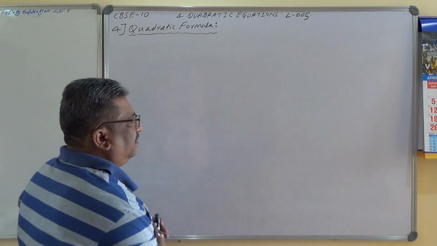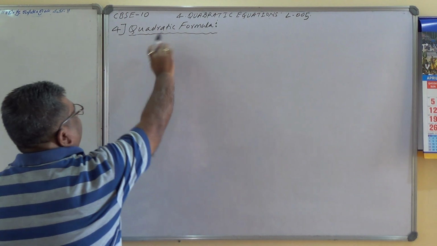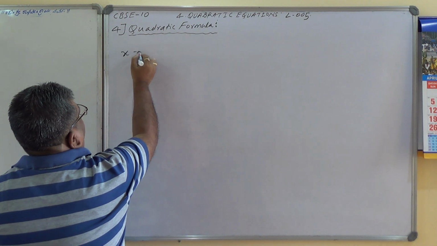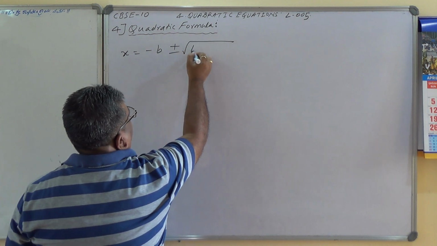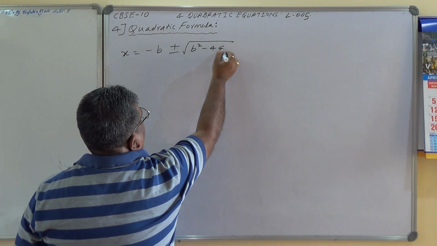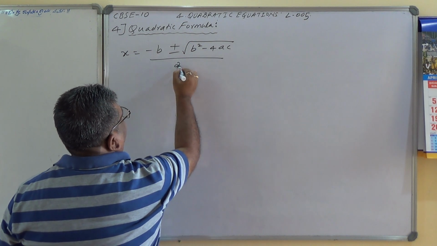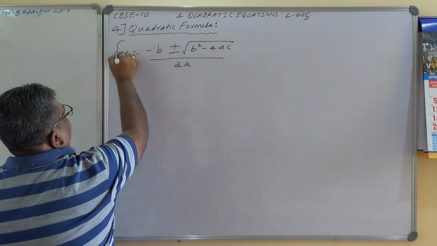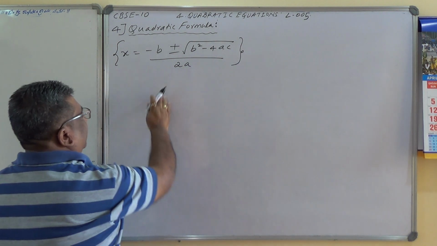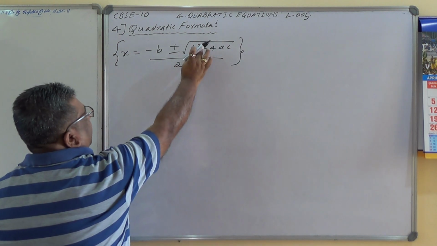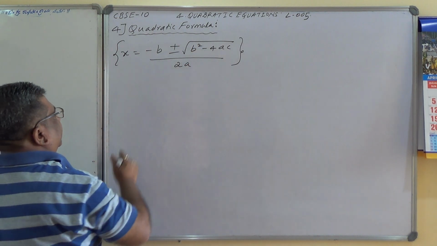So let me write the quadratic formula once again. What is the quadratic formula? x equals minus b plus or minus under root of b square minus 4ac the whole divided by 2a. This formula is called the quadratic formula. Here something is important inside this root. It is called the discriminant.